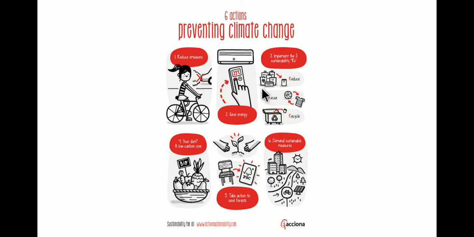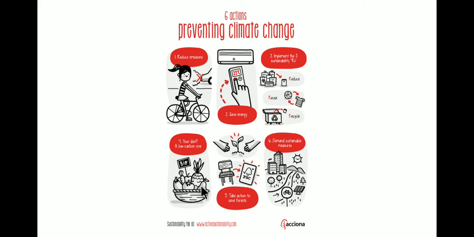Next, we can also reduce the consumption of things. We can reuse the used products, and also we can recycle. These are the three important R's, we can say: reduce, reuse, and recycle. Then we can take a lesser amount of carbon diet.